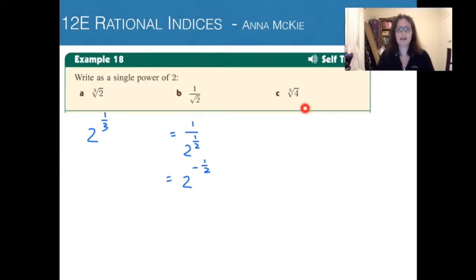This one here, you might ask yourself, it's a 4, not a 2. You need to be able to recognize powers quite quickly. And so you'd recognize that 4 is 2 squared, but let's just do one thing at a time. Let's look at it as the 5th root of 4, first of all, and then we're going to write that as 2 squared to the 5th.